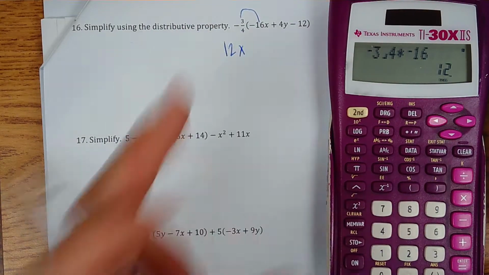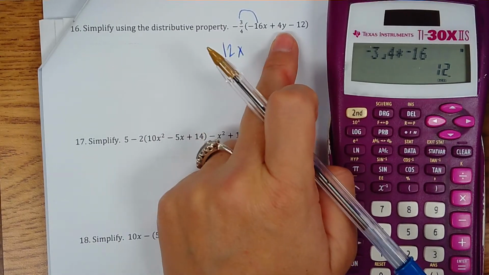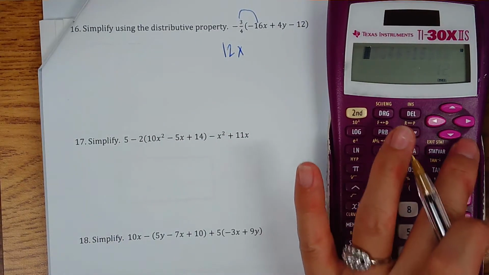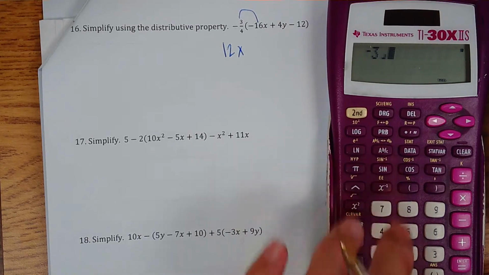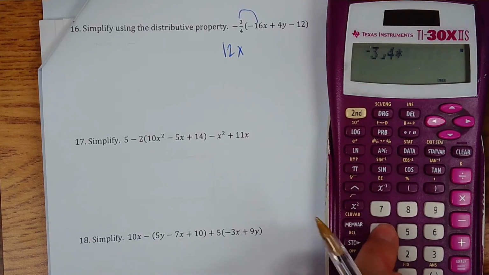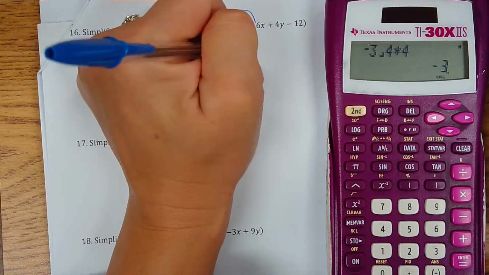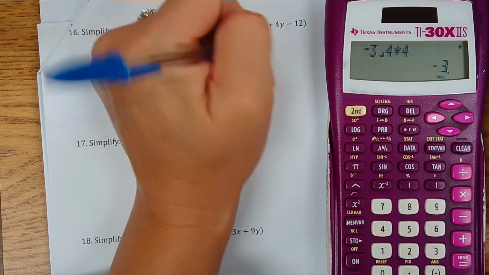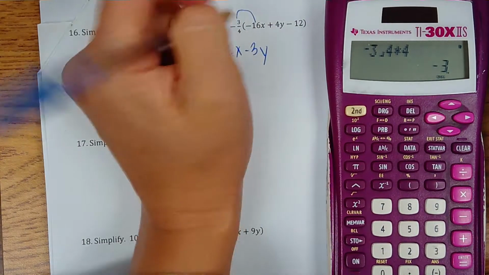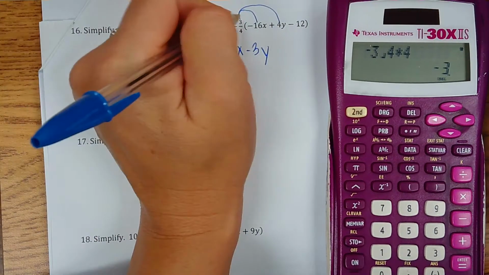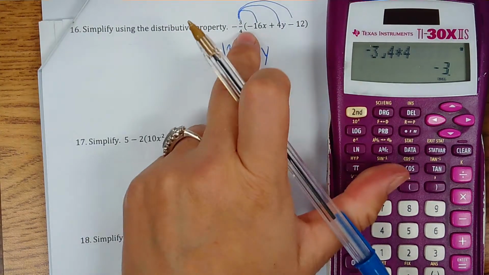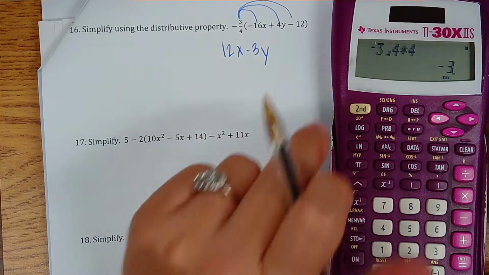Okay, same thing here. Negative 3/4 times 4. So negative 3 over 4 times 4. And you would get a negative 3. So minus 3y. And then here, our last one, it's going to be a negative 3/4 times a negative 12, a constant.